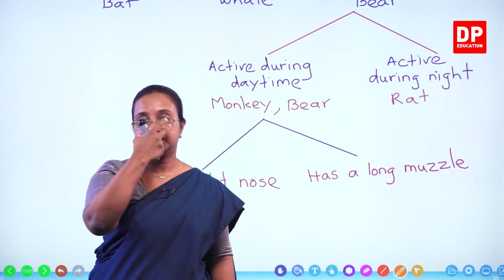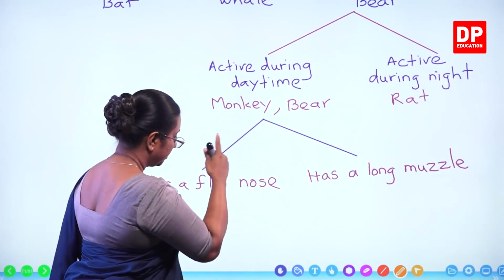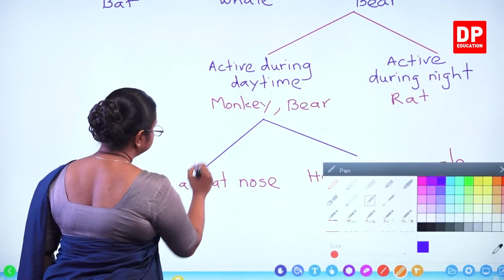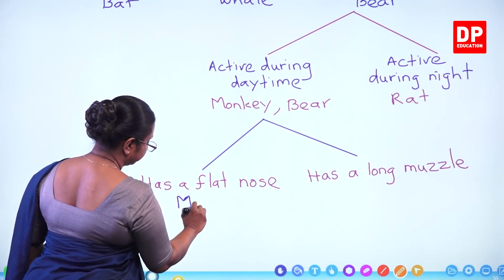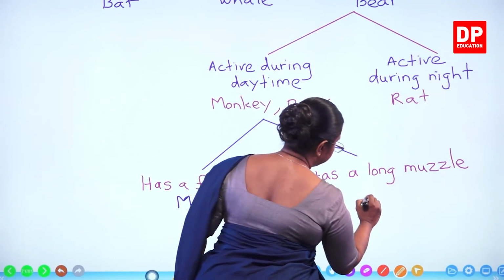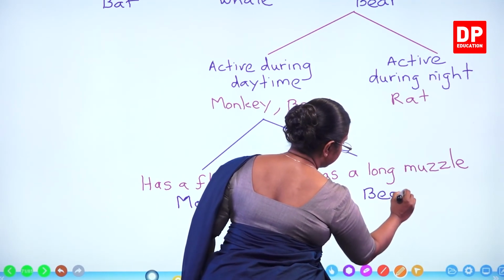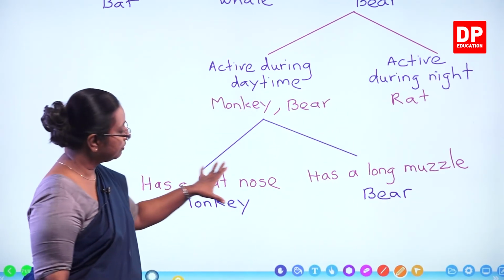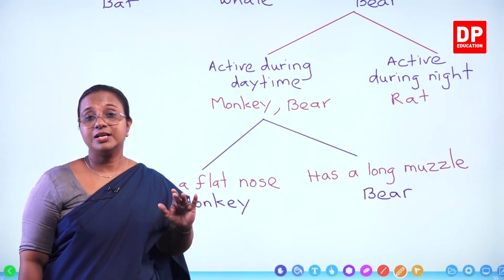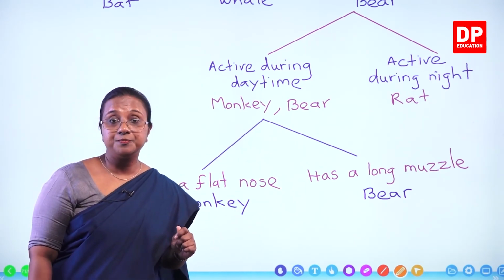That is the structure in front, in their face. So under that we will have the two organisms. This is monkey and here we have bear. So we had to classify until we come to just one organism, similar to a dichotomous key.